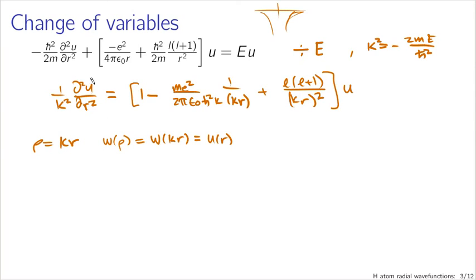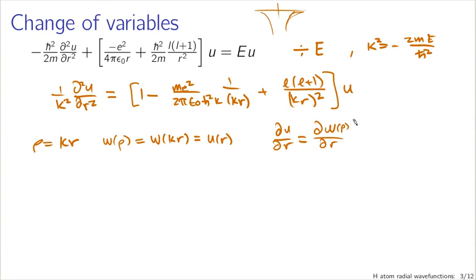We can then, using this definition of w, do things like calculate derivatives. For example, if what I want to know is the derivative of u with respect to r, since that's going to appear, for instance, in the second derivative here, the derivative of u with respect to r is equal to the derivative of w(ρ) with respect to r, which we can just evaluate by the chain rule.